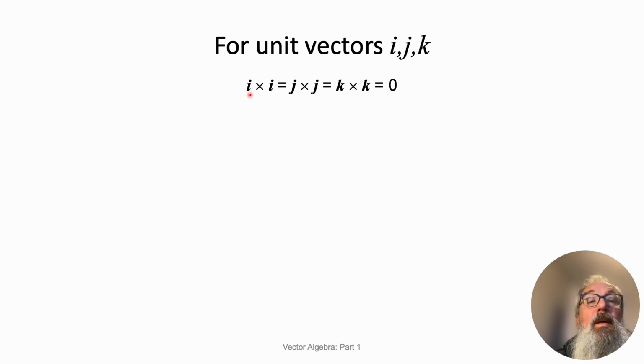But let's look at the squares of each unit vector. I squared equals J squared equals K squared in terms of cross product. So I cross I equals J cross J equals K cross K equals 0. Theta equals 0, so sine theta equals 0.